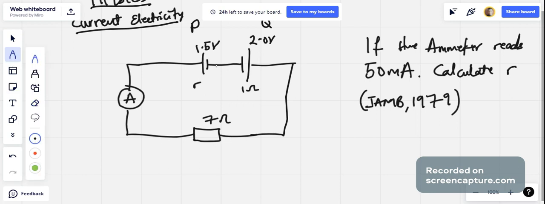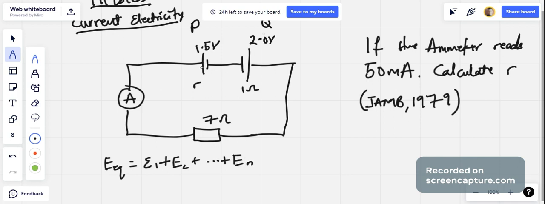Now we are going to simplify these cells. You know that for series cells, the equivalent EMF is equal to E1 plus E2 plus dot dot dot En, wherever it stops.